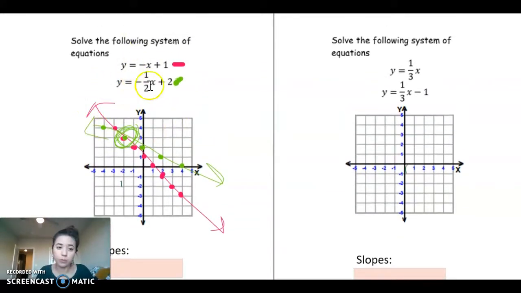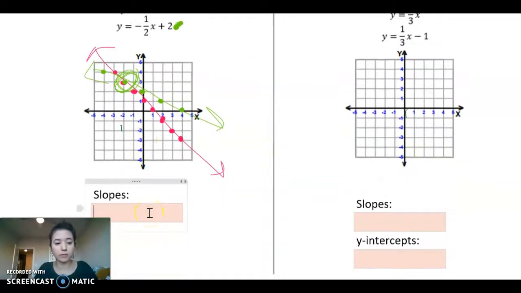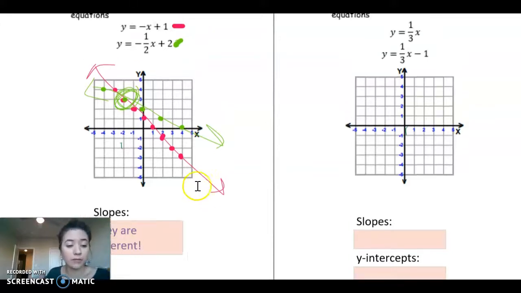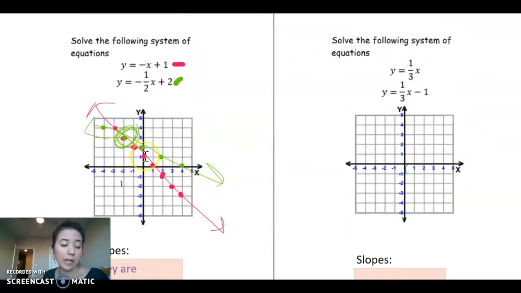Now, our slopes for this, they're nothing special. As long as we have different slopes, our lines will cross at one point. So if you notice that you have 2 different slopes on your lines, you can just jump to the conclusion that these lines are going to cross once.